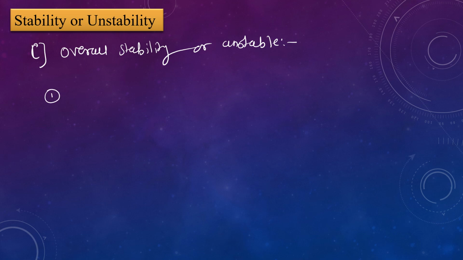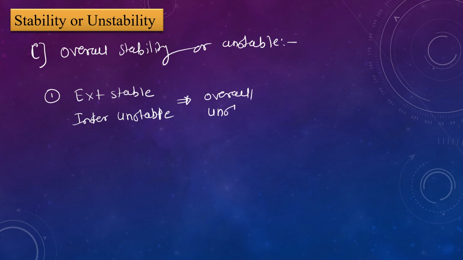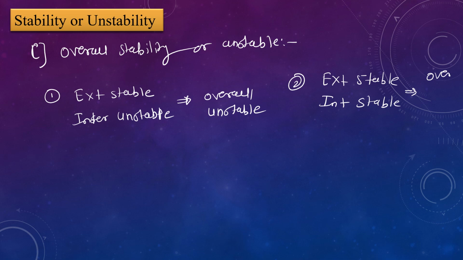If the structure is externally stable and internally unstable, then the overall structure is overall unstable. Next, if the structure is externally stable and internally stable, then the structure is overall stable.